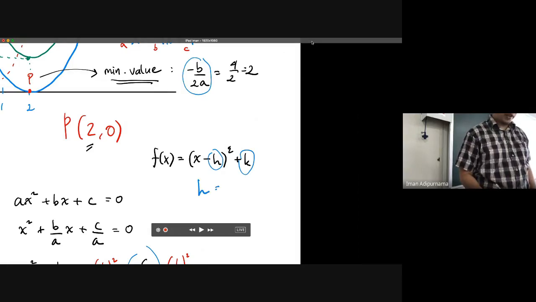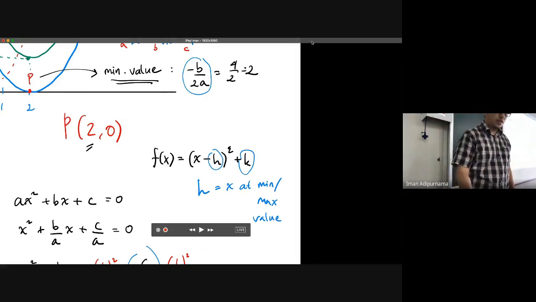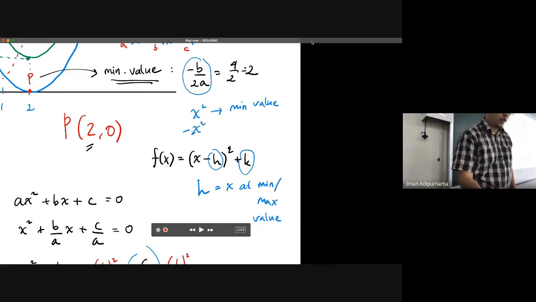So h will be the x at the minimum or maximum value, depending on the x squared. When you have x squared, this should have a minimum value. When you have minus x squared, you will have a maximum value.